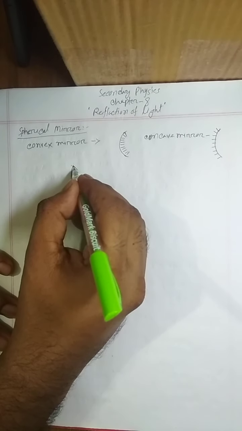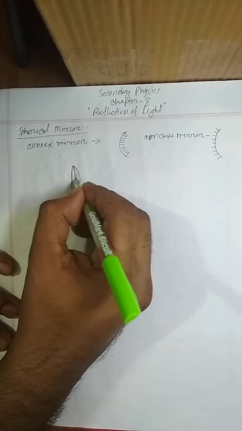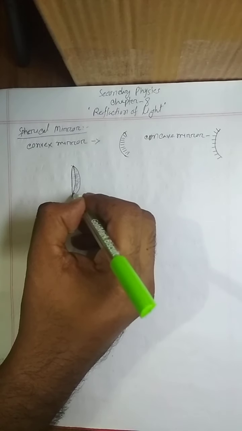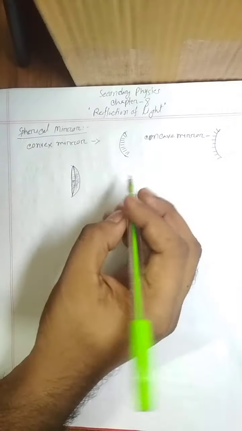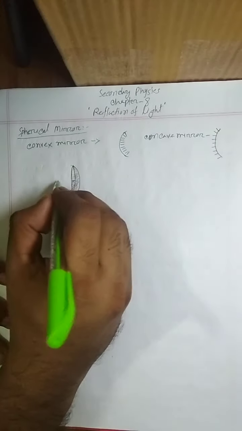So the inner part is coated, so reflection occurs in the outer part.